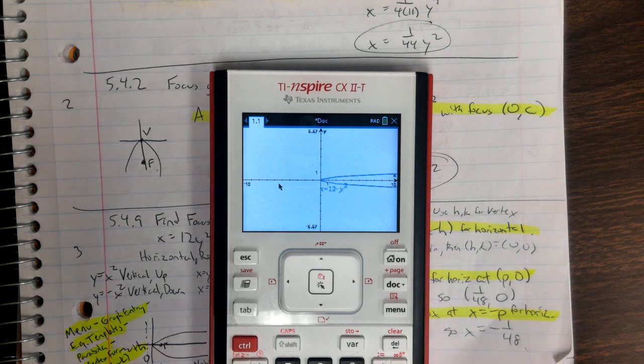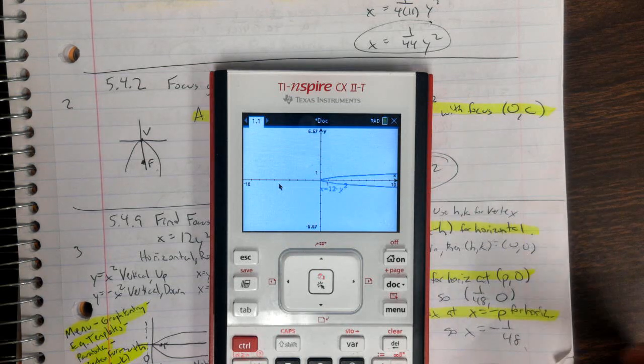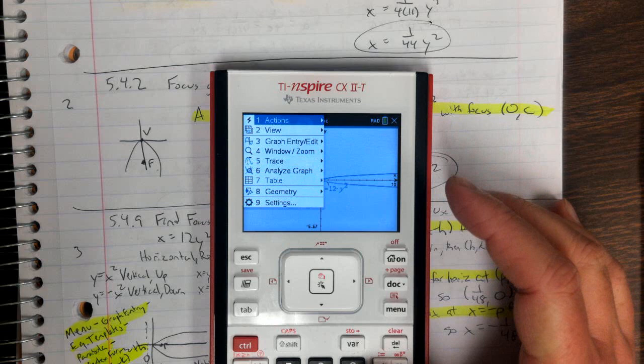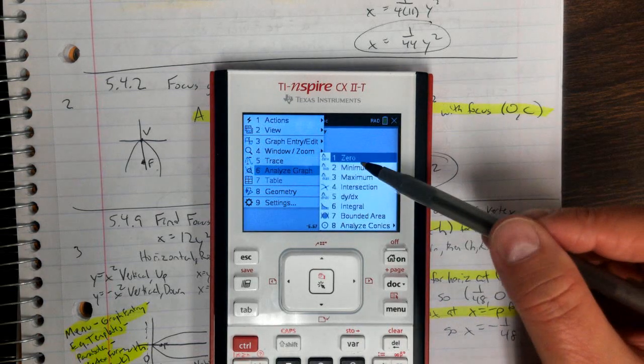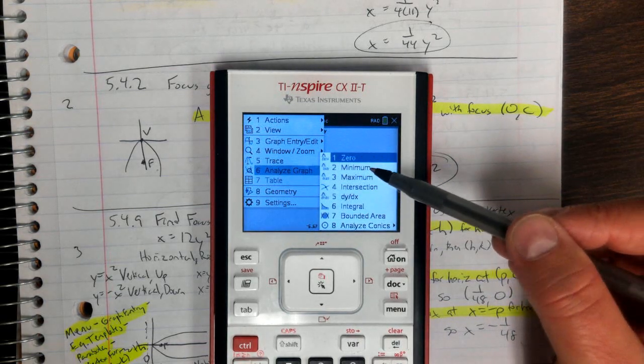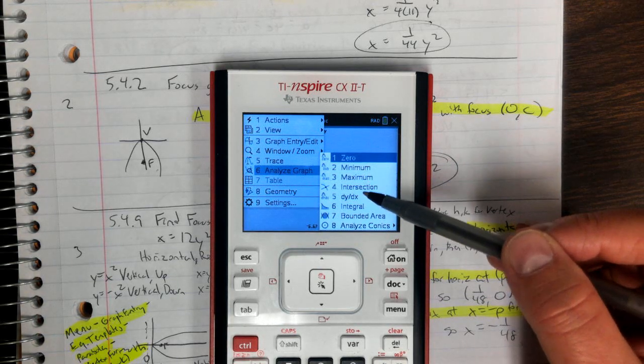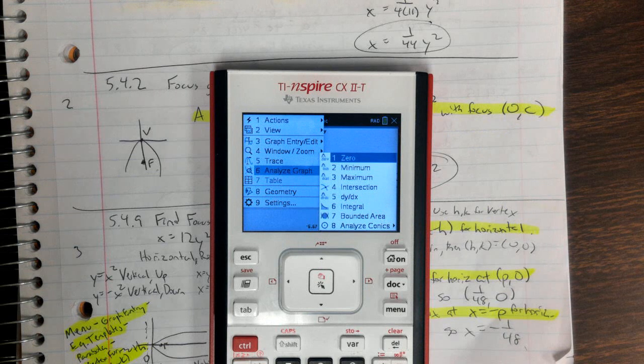Now, here's the other thing that's going to be really useful for you, and I get to it in a little bit. If you press menu and then analyze graph, this is where you usually do your zero, which is x-intercepts, and your minimums and your maximums. And for calculus these days, they're using dy dx.